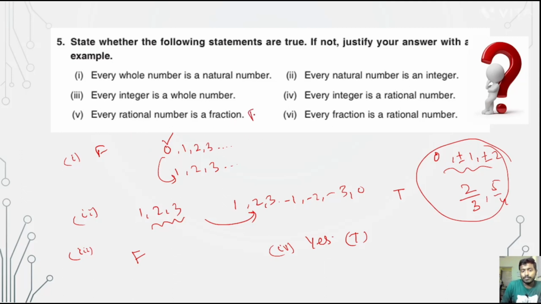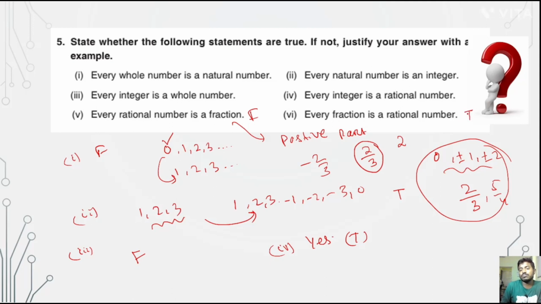Now, every rational number is a fraction? No, false, because a fraction is always positive. A fraction is always positive and a part of a whole. For example, 2 by 3 is a fraction, but 2 is not a fraction, and minus 2 by 3 is not a fraction. That is why not every rational number is a fraction, but every fraction is a rational number.